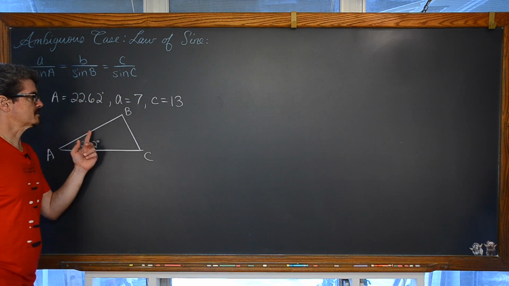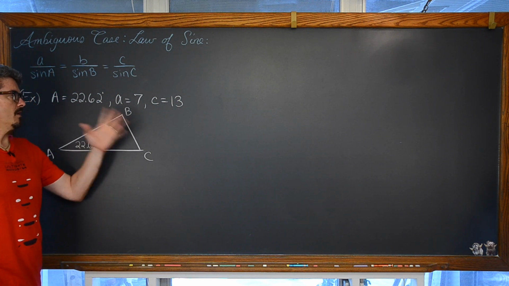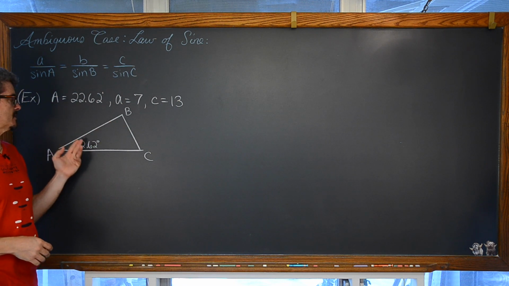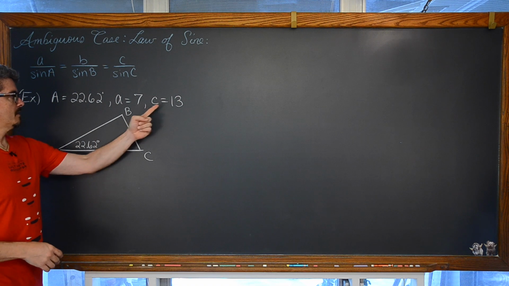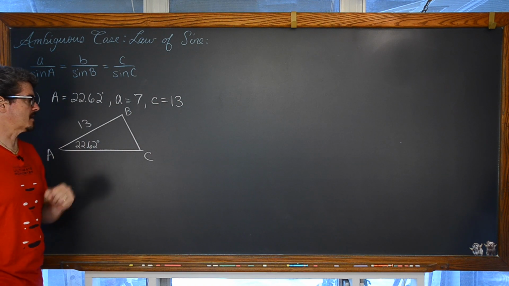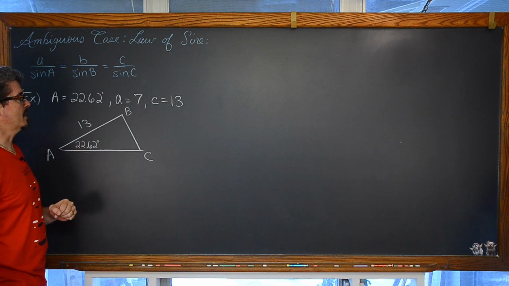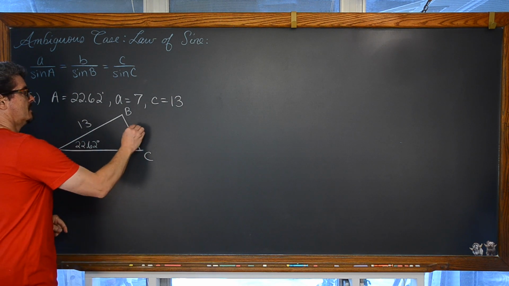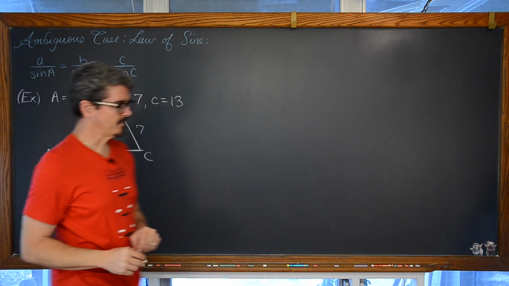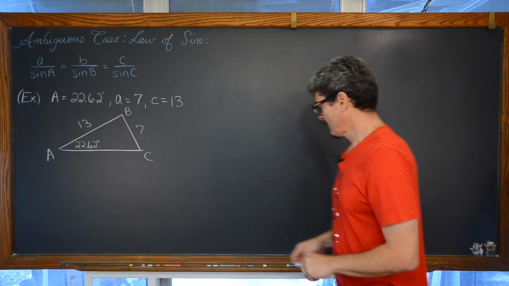You're going to be given some length adjacent to that angle. So side C is 13, putting angle C in the bottom right-hand corner, and then angle B is up here at the top of this triangle, and opposite angle A, we have that length of 7.